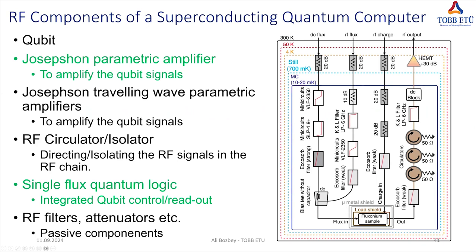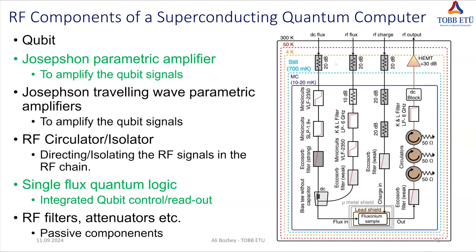This is the QPU, and bias tees, filters, circulators, LNAs, amplifiers, etc. in the cryostat. And outside, there are microwave generators and digitizers, down converters, etc.